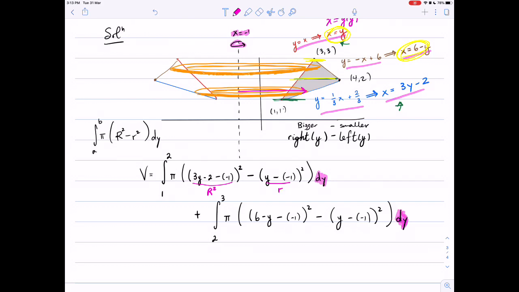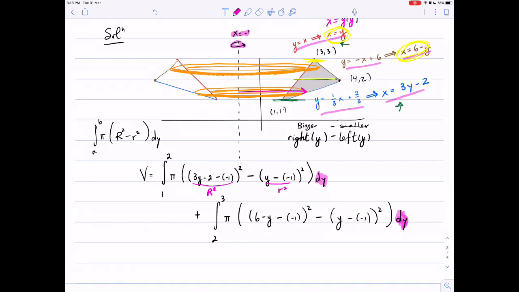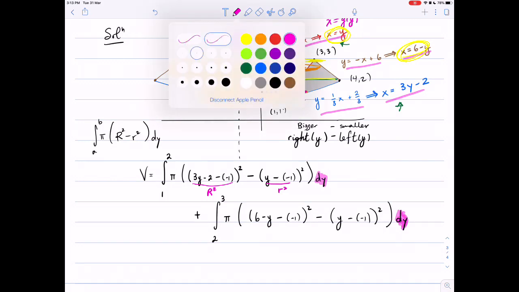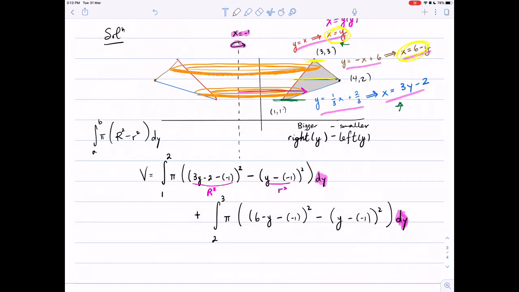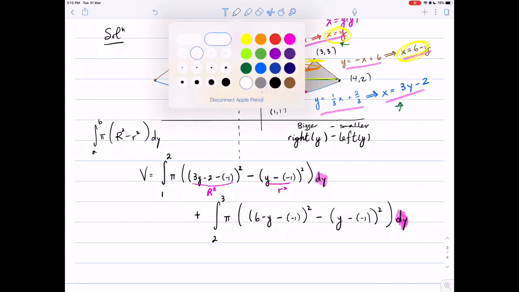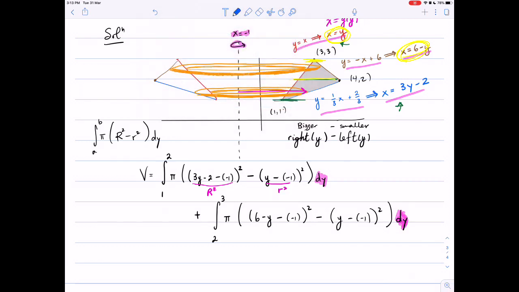Here the inner radius, the smaller radius, goes to the curve. Let's go blue. The smaller radius goes from the axis of revolution to the inner curve. So we have y as our inner curve, and minus 1.